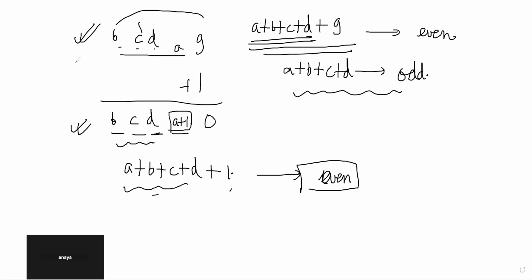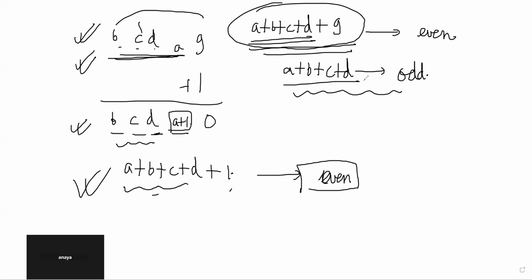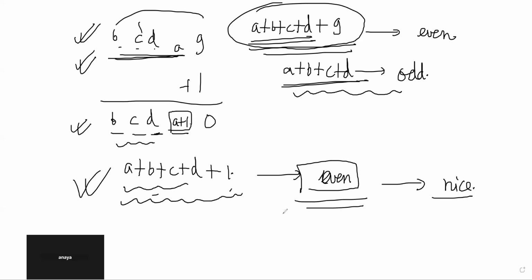So if this was nice, this is guaranteed to be nice, because the sum of the digits here is even, which means this can be grouped into two equal parts. So automatically A plus B plus C plus D is odd, and therefore automatically this is also going to work out. It is going to be nice, right? Yes.